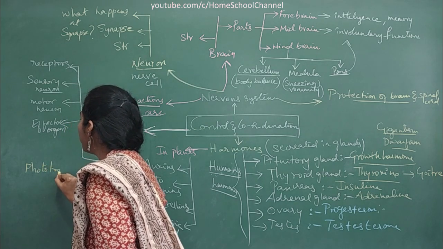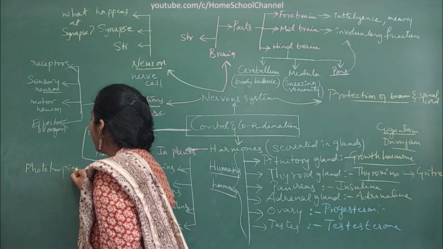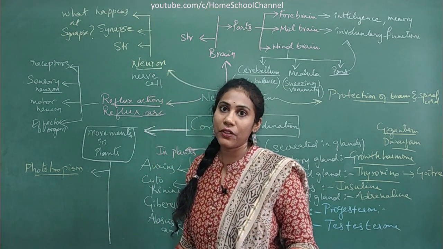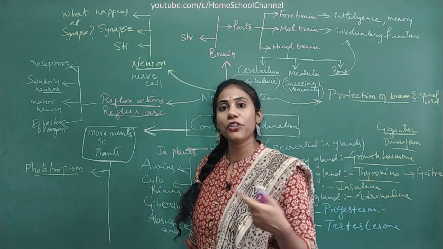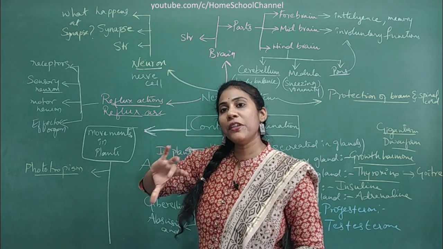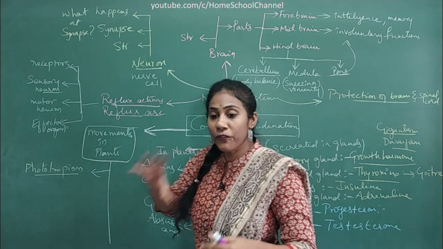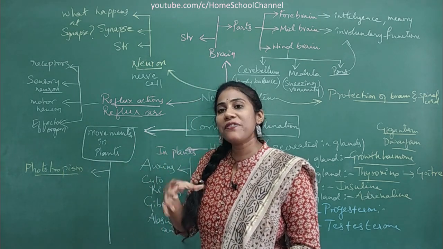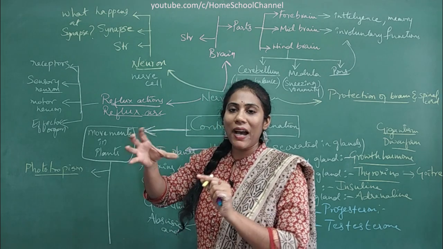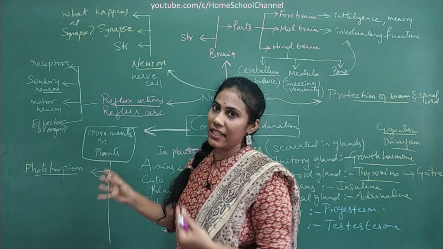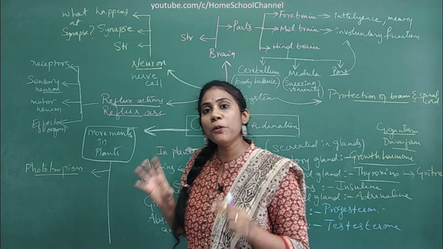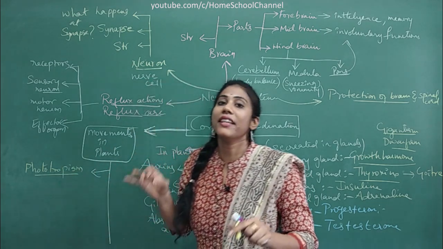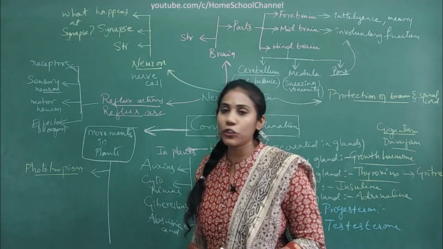So what do you mean by phototropism here? The plant movement in response to light. Okay, the plants which are sensitive to light. Which part of the plant is moving towards the light? It is shoot part. Okay, if you have seen the sunflower, the shoot part will be facing towards the light only, right? So such a movement of plant in response to a light is called as phototropism.